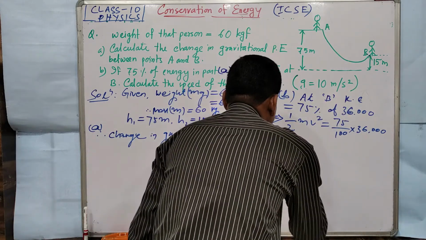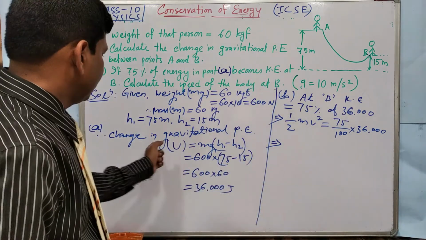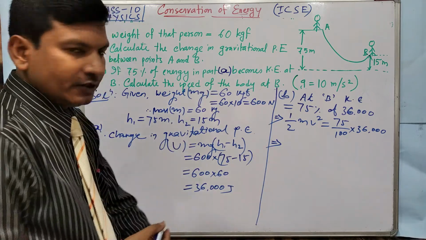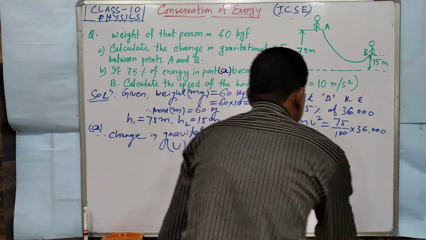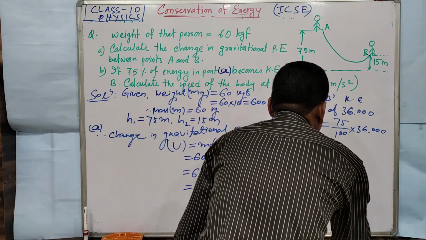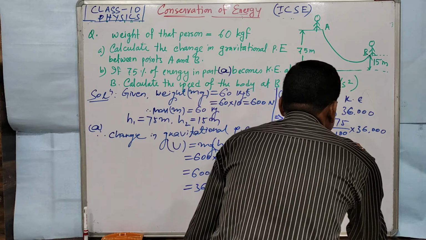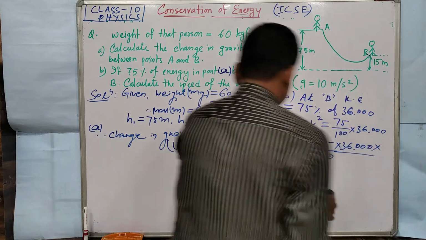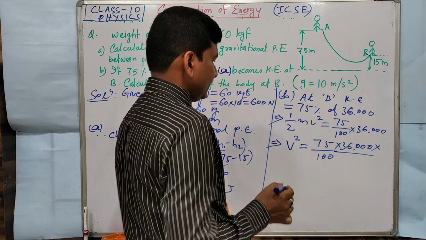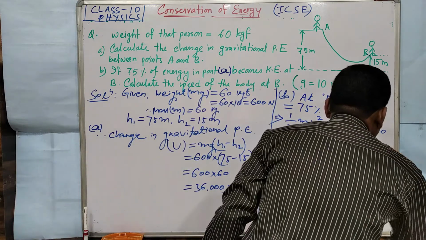That implies now we need to find v, because the question is asked to find the velocity. So v square is equals to 75 upon 100 into 36,000 into half is multiplied this side, so that side will go, it will be multiplied by 2.